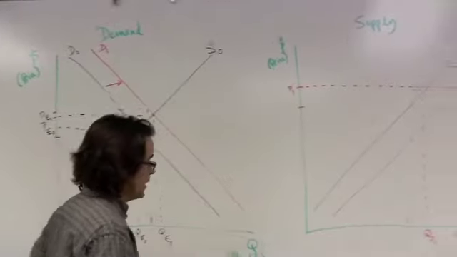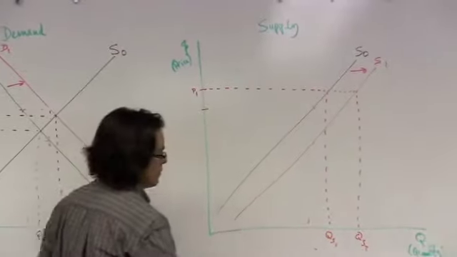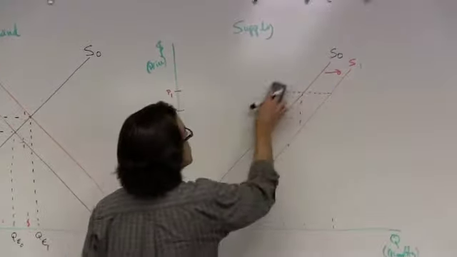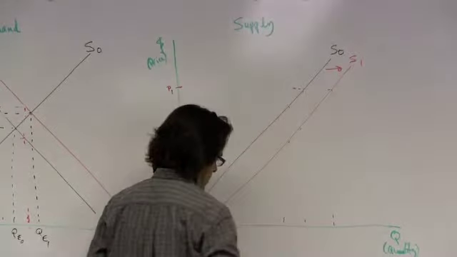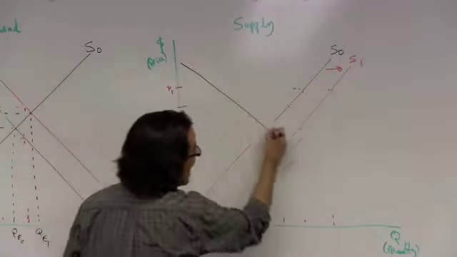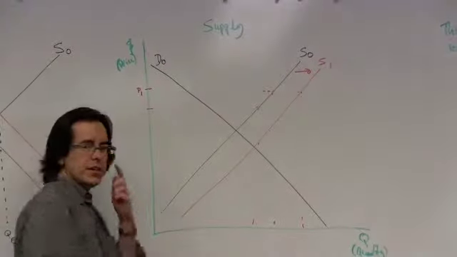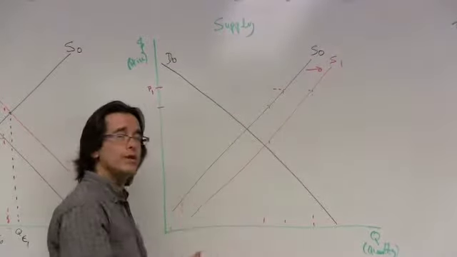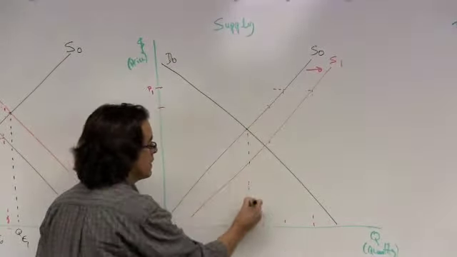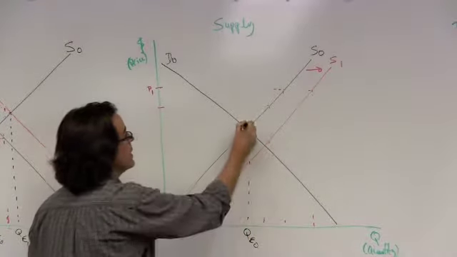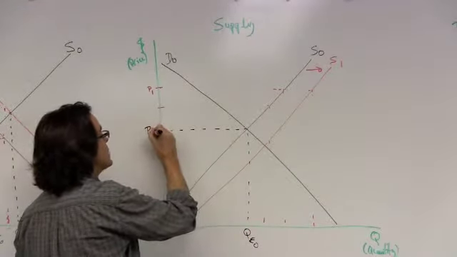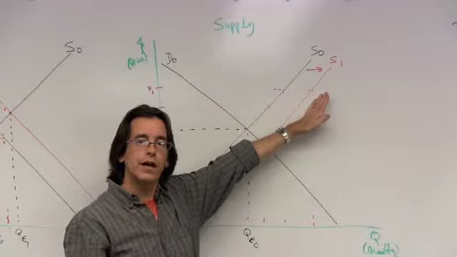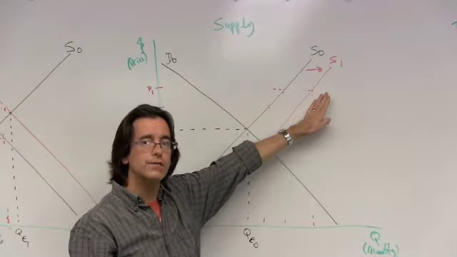So we'll do the same thing on the supply story. Again, we'll erase the original initial prices. And again, we have to add that initial demand. So we have the demand for the wine grapes, the supply of the wine grapes, before there's any technology change. We have that equilibrium price and quantity. So markets were clearing. We have this adoption of the new technology, the new mechanical harvesting of grapes.